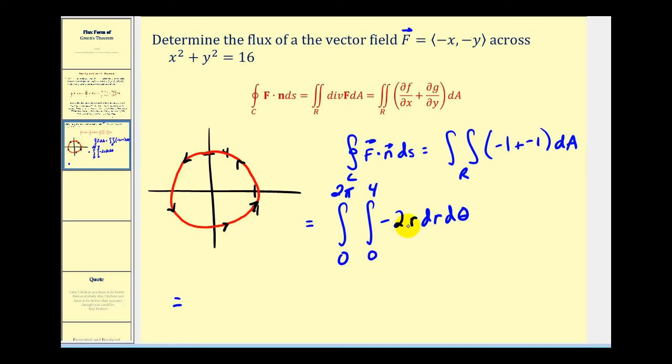So we're going to have negative 2 times r squared over 2, just negative r squared. It's going to give us negative 16 minus 0, that's going to be negative 16.